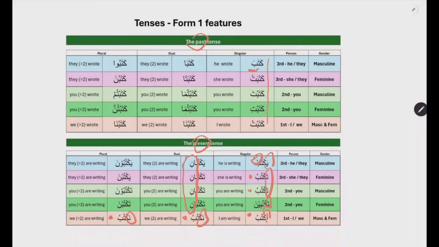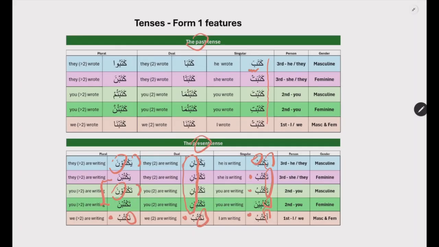So same way, the anis come in for all the duals for the third person as well as the second person. Okay, and here you have the una, with the ya in front here and the ta in front here, differentiating between the they and the you in the masculine plural. And then the female has just got the letter n at the end with the ya and ta in front as well to differentiate between the genders.